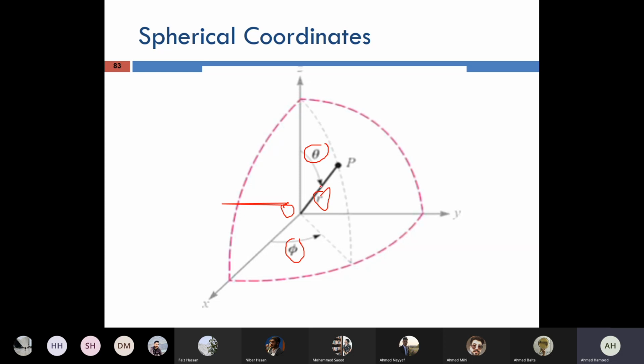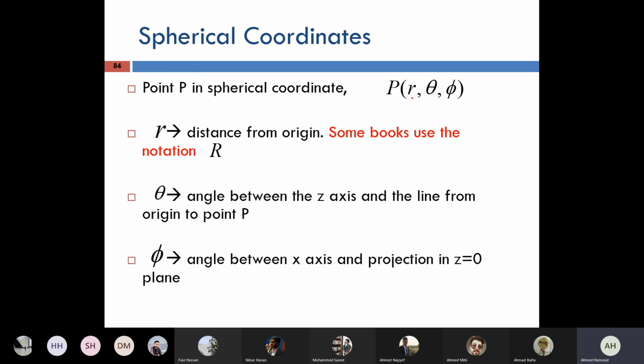So we have to know the variables of these three coordinate systems: Cartesian, cylindrical, and spherical. We have already described the Cartesian coordinates and the cylindrical coordinates, and now we move into the spherical coordinates. Their variables are r, theta, and phi.